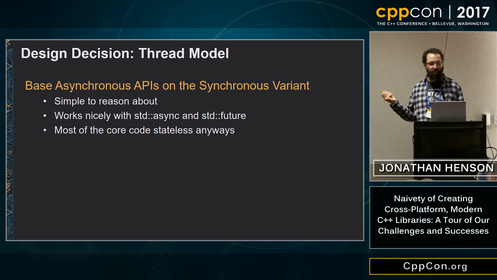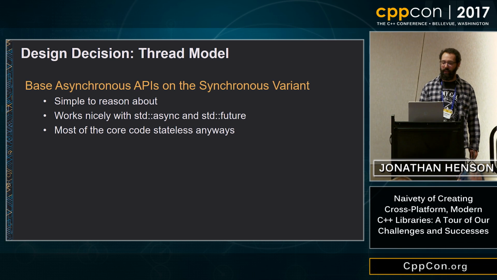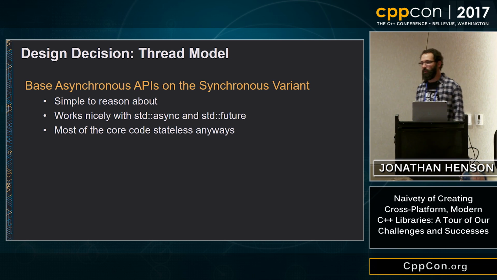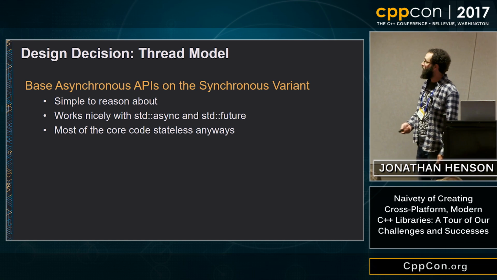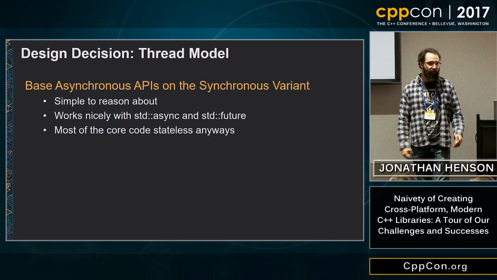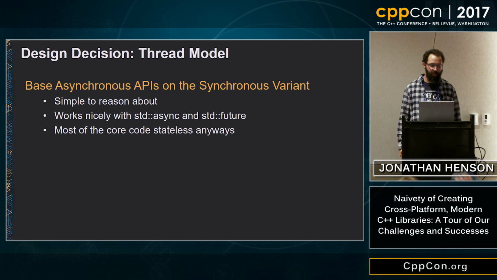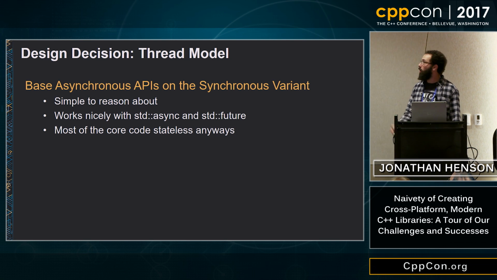We chose to base the asynchronous APIs on the synchronous API. And we did this for a couple of reasons. One, it was simple to reason about. You just submit it to a thread executor, let the thread executor run it asynchronously, return to the user when you're done, call a callback, give them a future, whatever you want to do. And most of our core code was already stateless, so thread safety was going to be a bit easier to pull off.